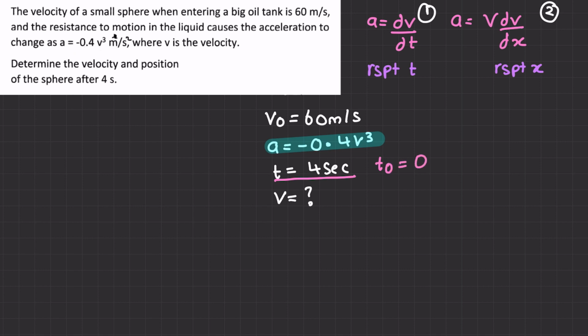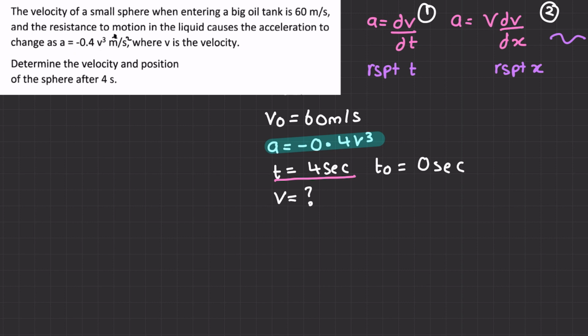So we have everything for the integral part. Whereas if we use this one, we don't have x and we don't have x0. So we'll be going with the first one because we have everything. We have both t equals 4 seconds and our initial time as 0.